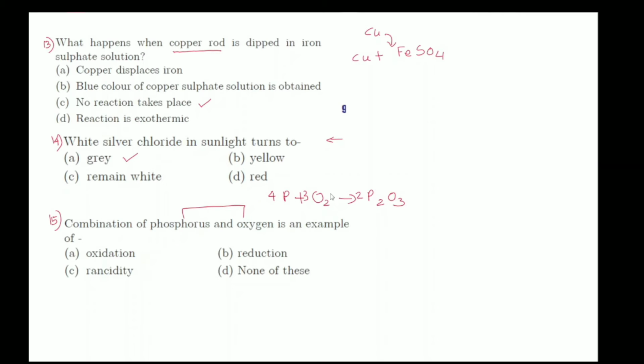So 2 into 2, 4 phosphorus. 3 into 2, 6 oxygen atoms. So it's balanced. So phosphorus combining with oxygen is an example of oxidation, reduction, rancidity, or none of this. We know the addition of oxygen, right? It is an oxidation process.